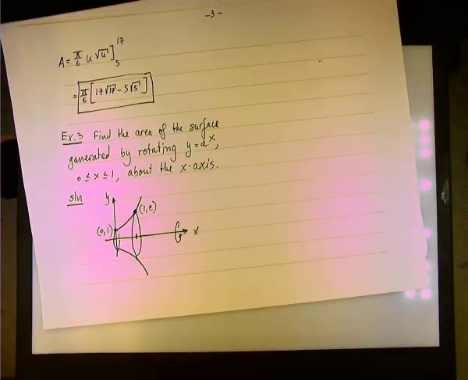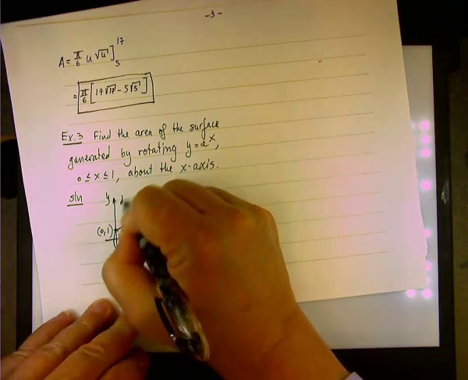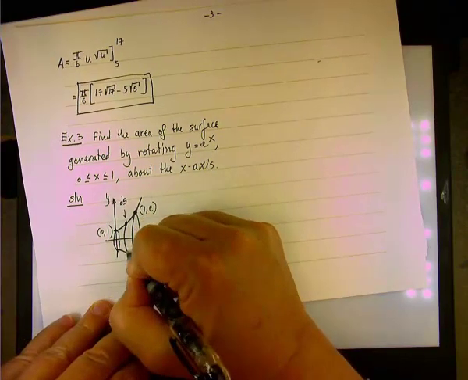This is what the rotation looks like. And as before, we're going to pick up an element of the arc length. We're going to call it ds.